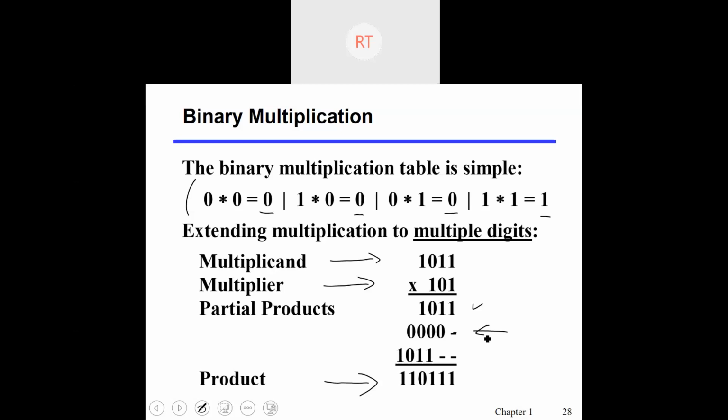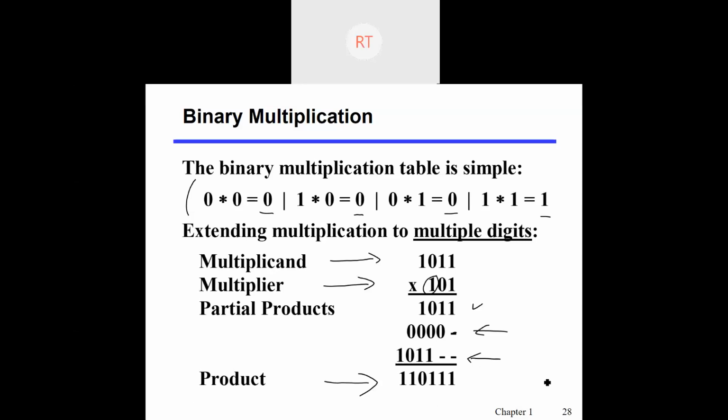Now I reach the third digit, which is the 1. So this is what I'm multiplying now, and I do a shift left, and I multiply 1 by 1, 0, 1, 1, and I write the answer.